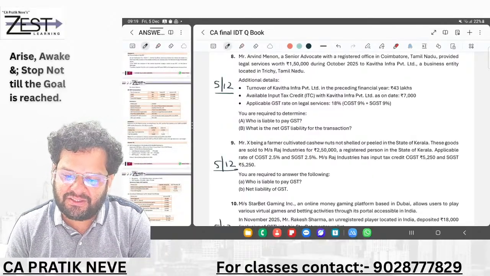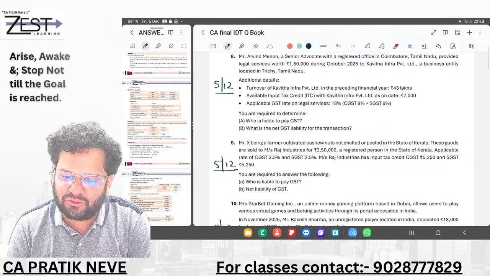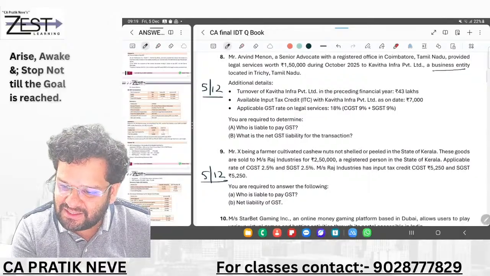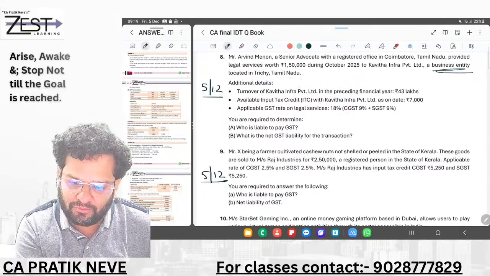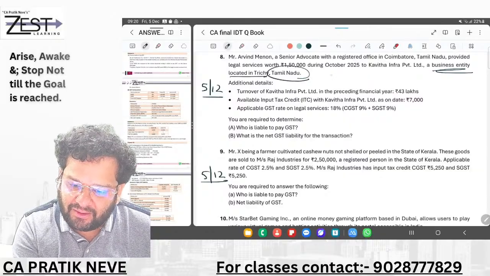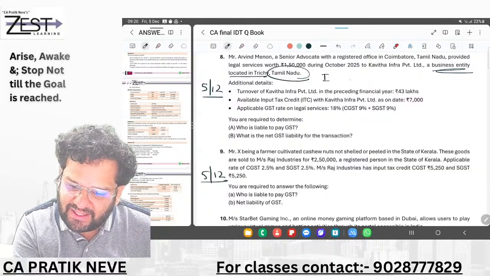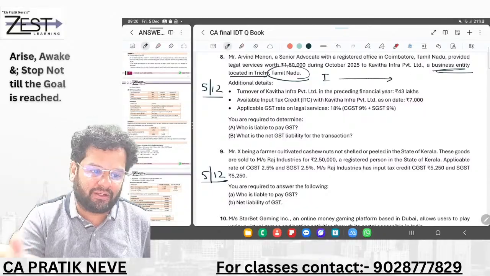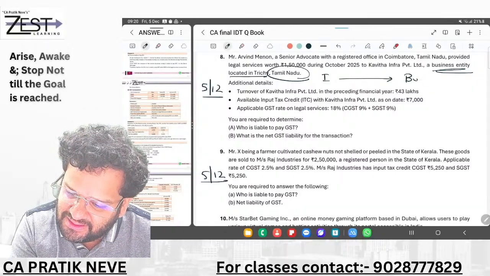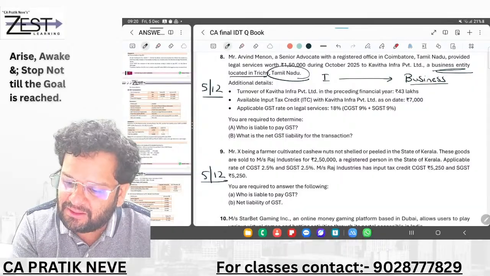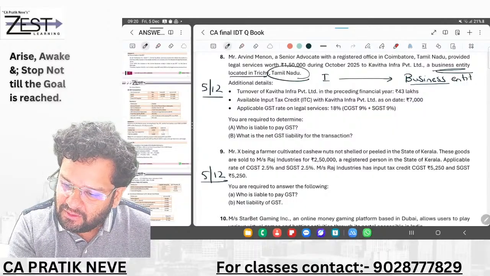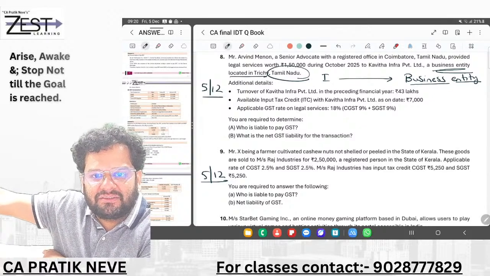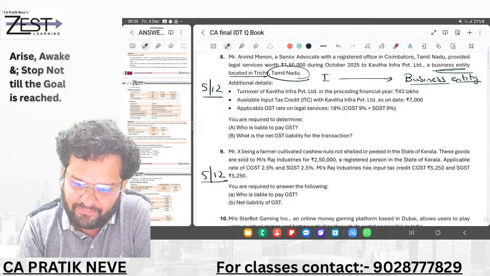See, Mr. Arvind Menon, senior advocate with registered office in Coimbatore, Tamil Nadu, provided legal services worth 1,50,000 to a business entity located in Trichy, Tamil Nadu. So basically, you have learned that an individual or partnership firm as an advocate providing services to a business entity would be taxable if that business entity's turnover in the last year was exceeding such limit where registration is required.